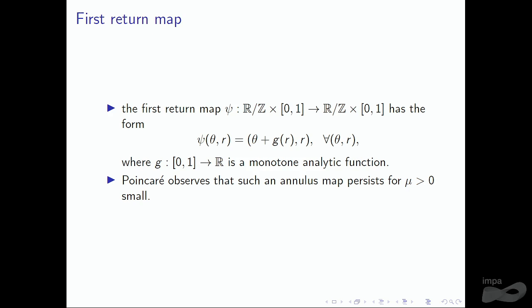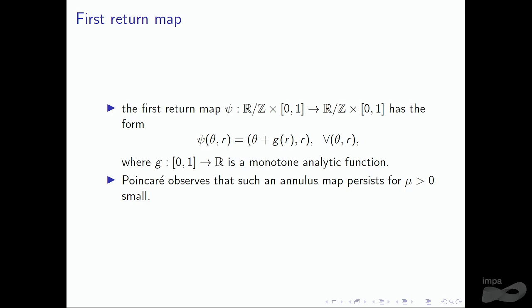When it hits the annulus again, it has the same r. But in the theta direction, it might rotate: the map is given by theta plus a function which depends on r, and this function will be monotone and analytic.